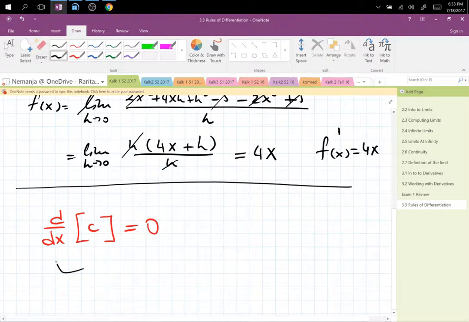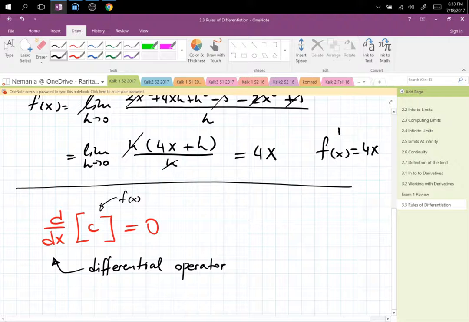So this over here is called the differential operator. The function goes inside. This happened to be a constant, but you can have x squared in there. And this would be the answer, which is the derivative.